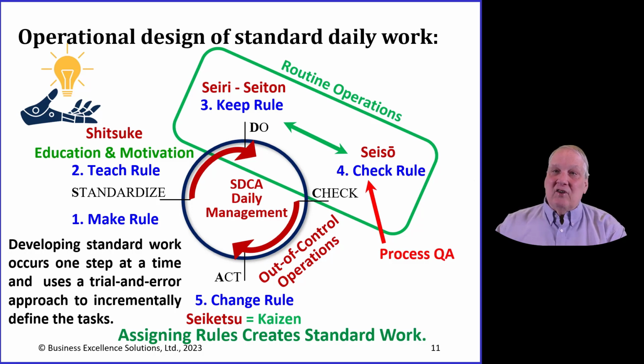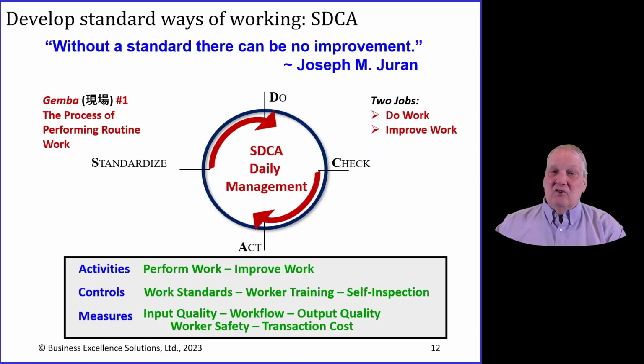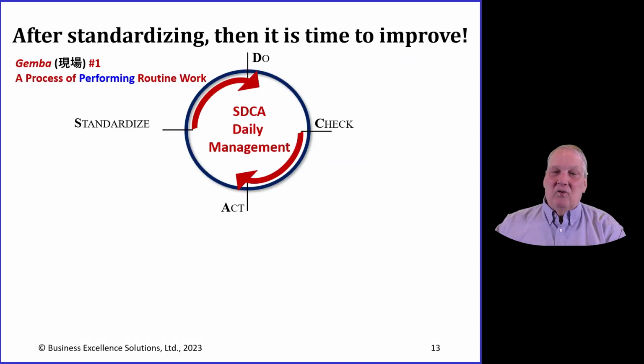It's the do check cycle. That's the standard work in the system. Now, we have to develop, if you will, a standard way of doing the work. As Deming said, without a standard, there can be no improvement. We have 2 jobs in Gemba 1: performing daily work. It's doing the work and improving the work. And that's what this SDCA cycle is all about.